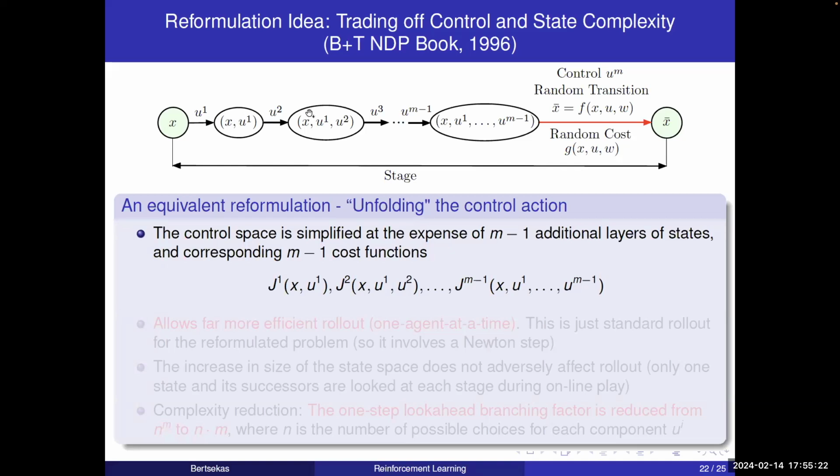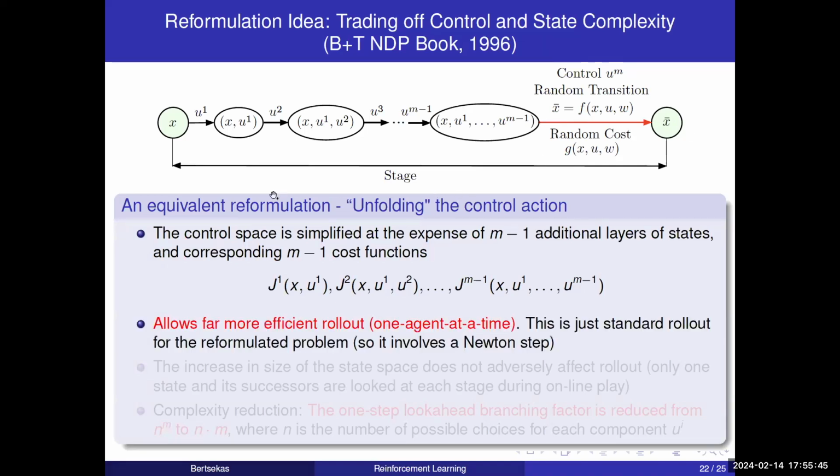I do this for each of the components of the vector until I obtain a full assignment for the vector, at which point I can transition to the next state of the unreformulated problem, which is X bar. And we have the cost transition for doing so. This allows for a more efficient rollout computation when we do this one at a time, and this is just the standard rollout for the reformulated problem.